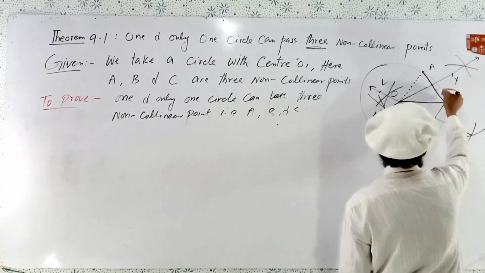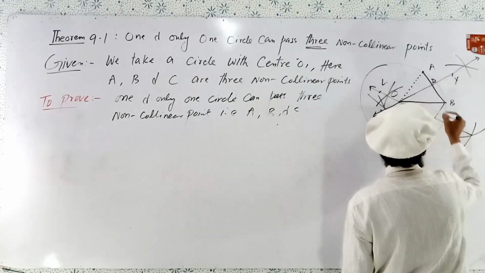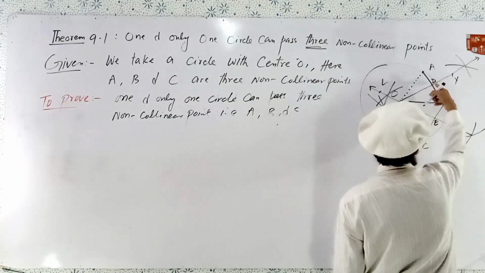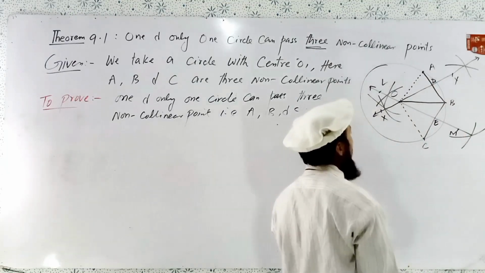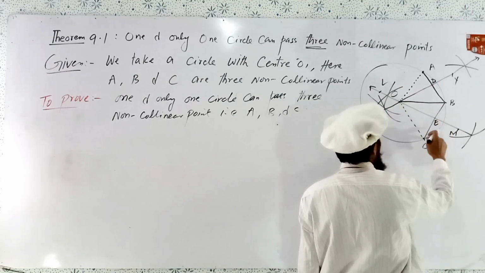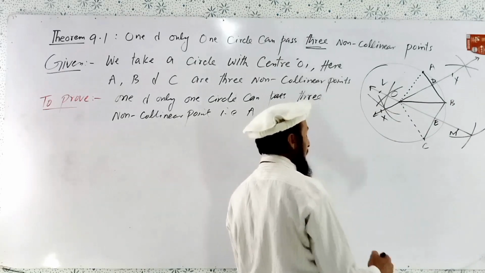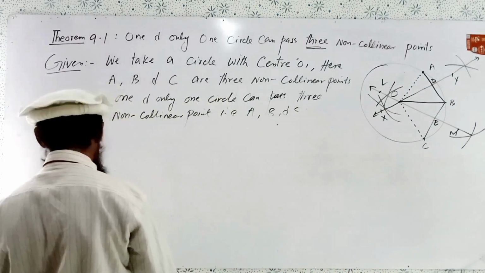And here we give the names A, B, C, D and E. Here D is the midpoint of AB and E is the midpoint of BC. These are the constructions we write.